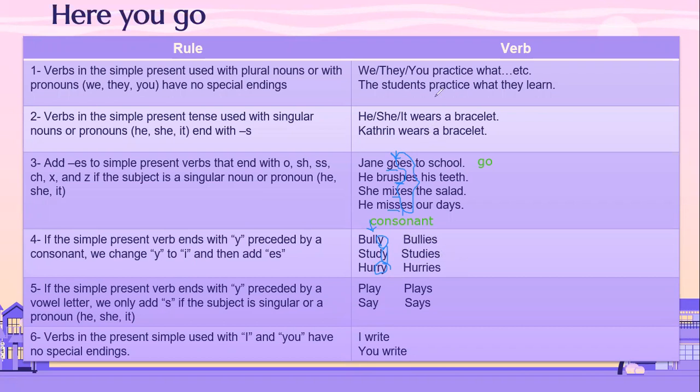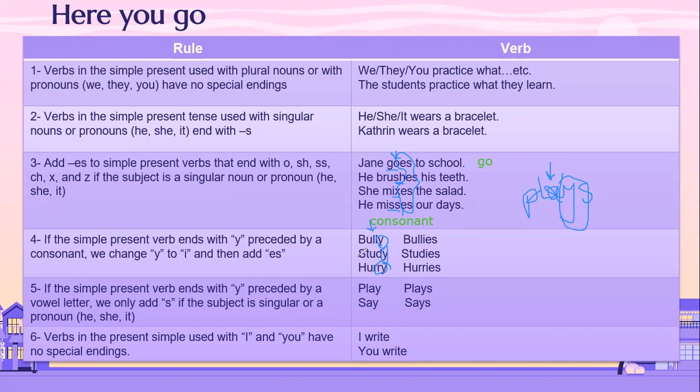But on the other hand, play stays plays. So it ends with Y, and the letter Y is preceded with a vowel letter, which is A. That is why with play, we just add S, not IES, because the Y is preceded with a vowel letter.